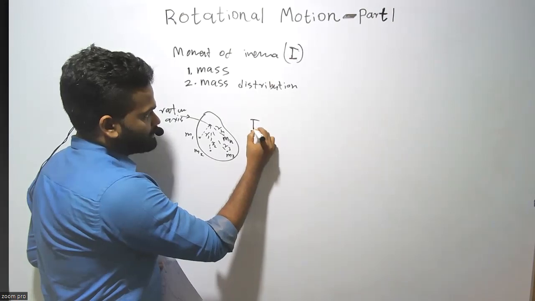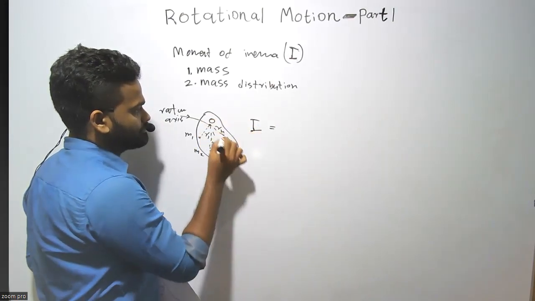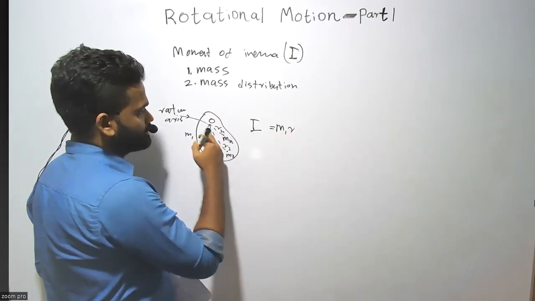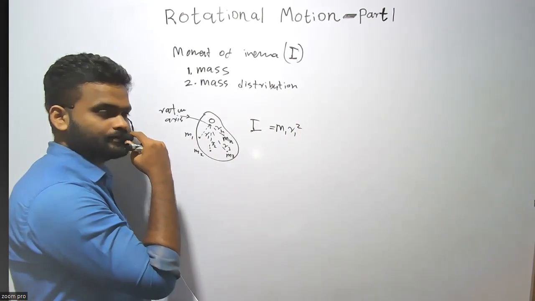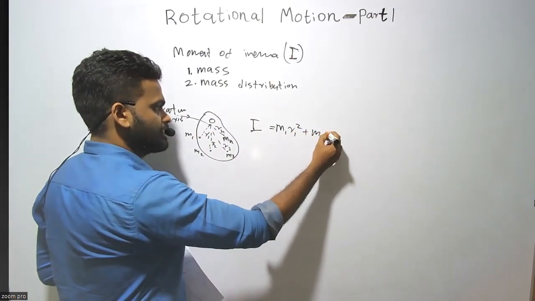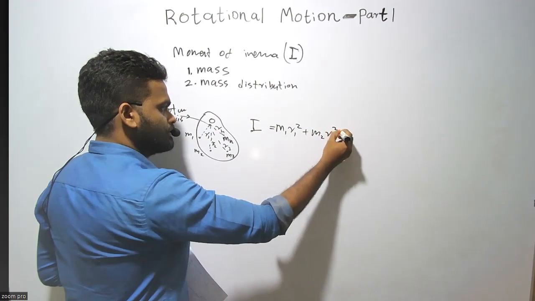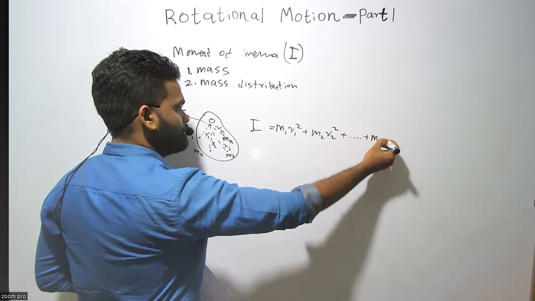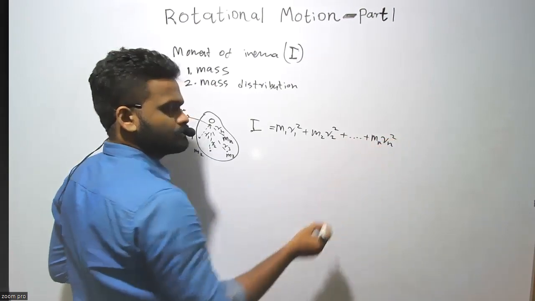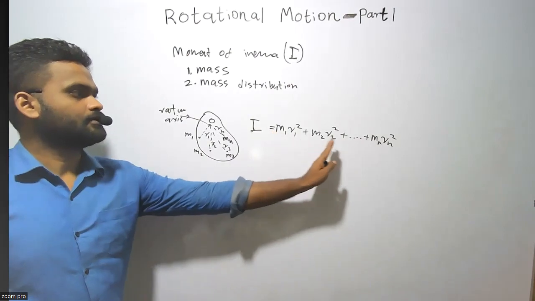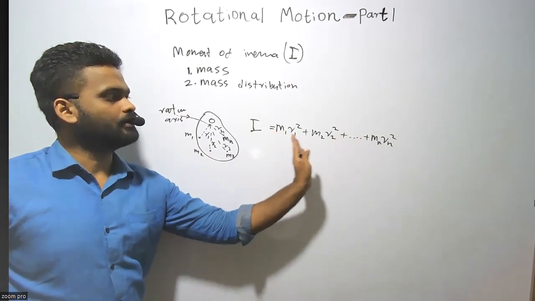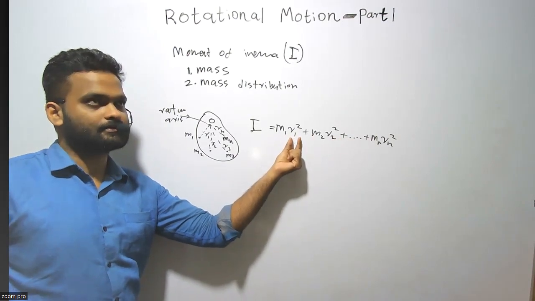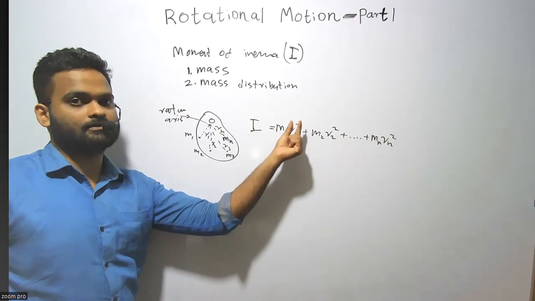So the moment of inertia around this axis is m1 times the distance to that squared, plus another particle, m2 r2 squared, plus likewise mn rn squared. Got it? So for all the particles you need to do this: mass times the distance to that particle from the axis squared.